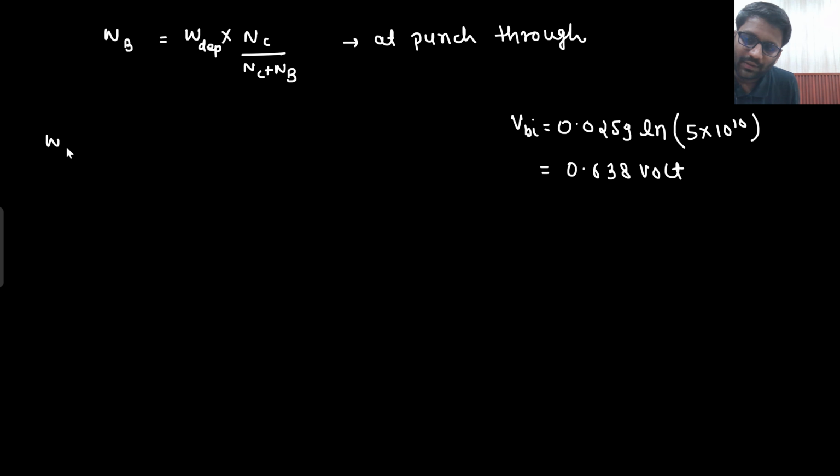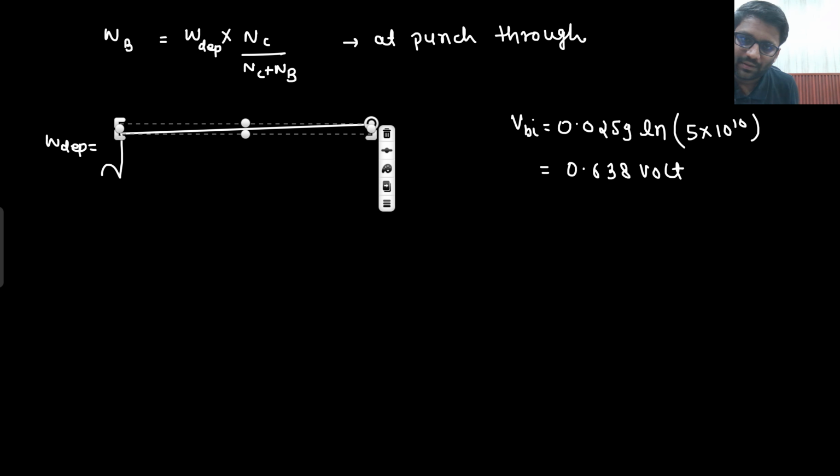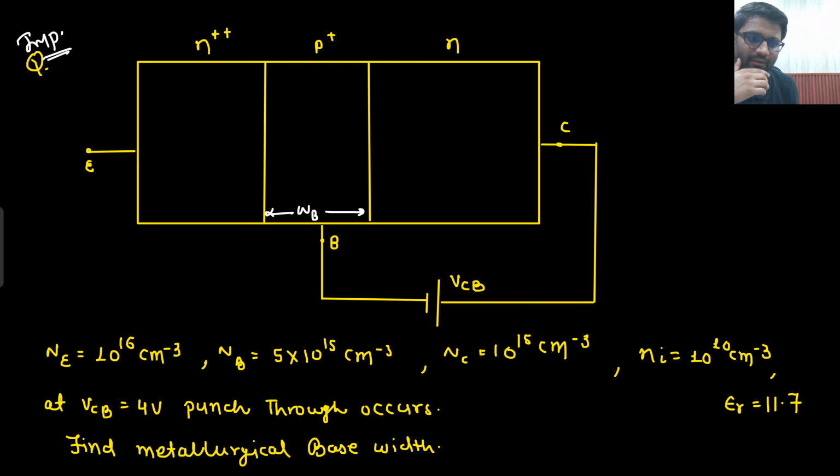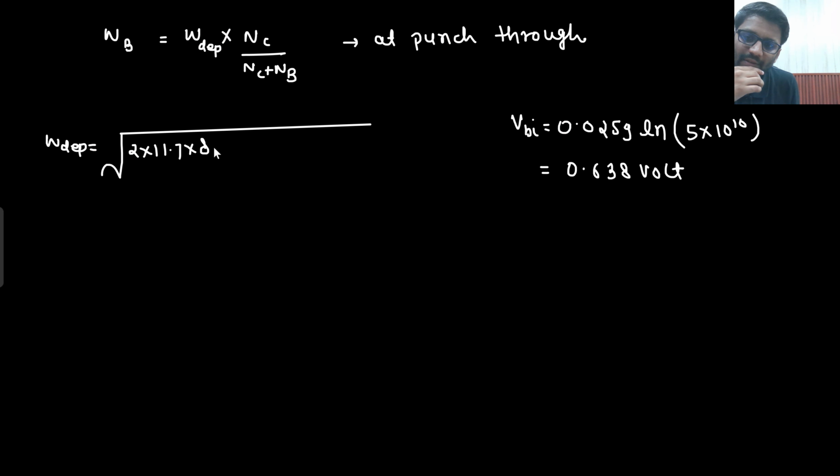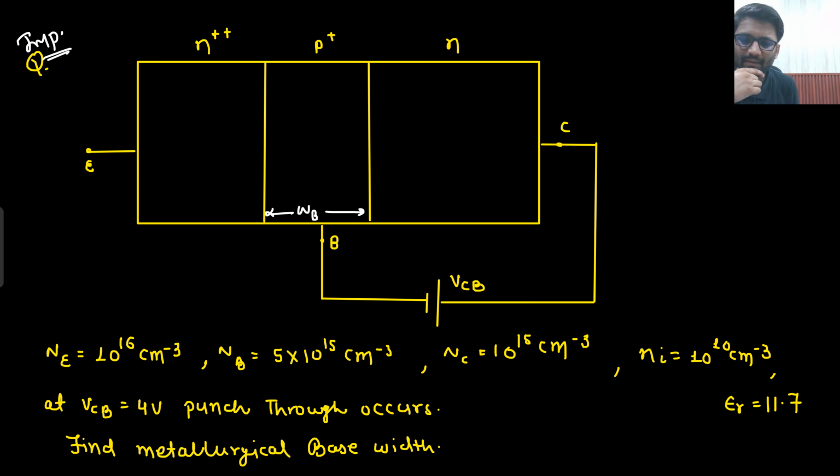So now what will be your W depletion? That would be under root 2 epsilon by Q. What is the value of epsilon? 11.7 into 10 to the power minus 14, under root 2 epsilon by Q, 1 upon Na plus 1 upon Nb.